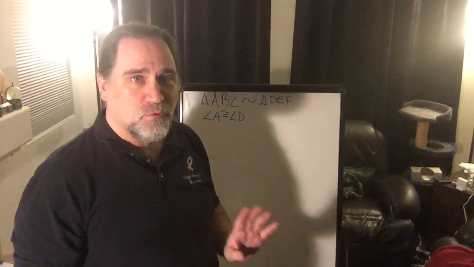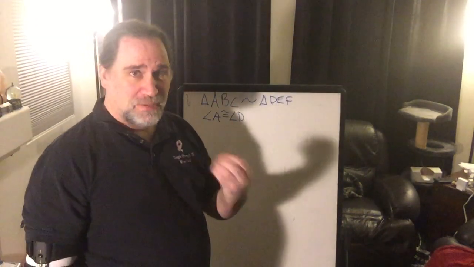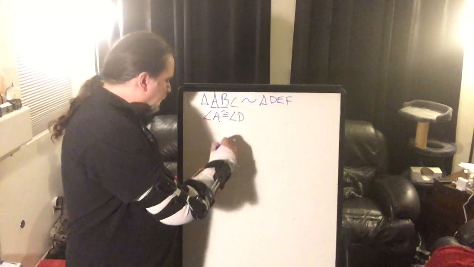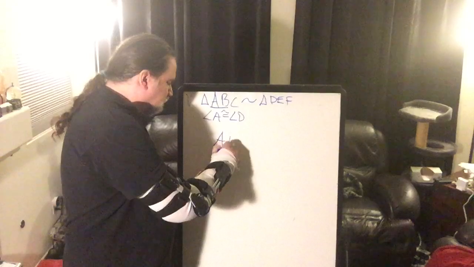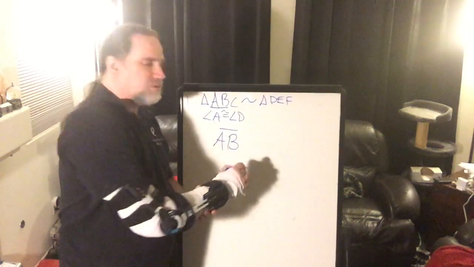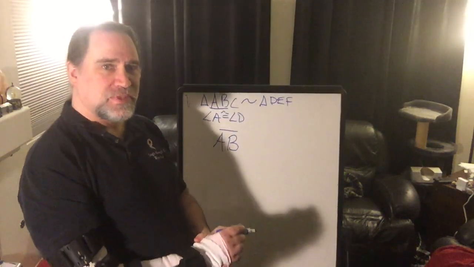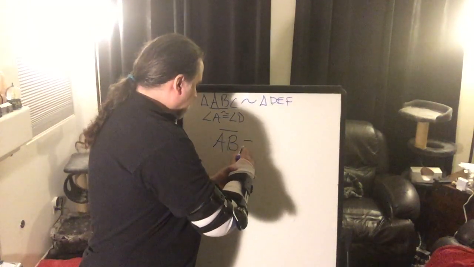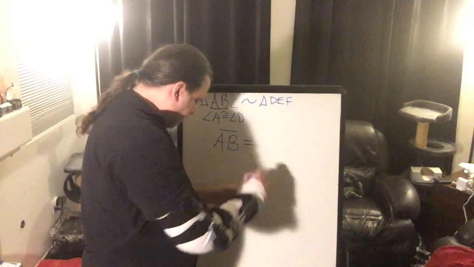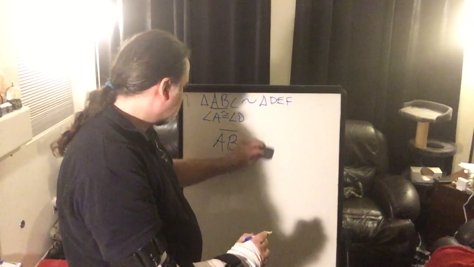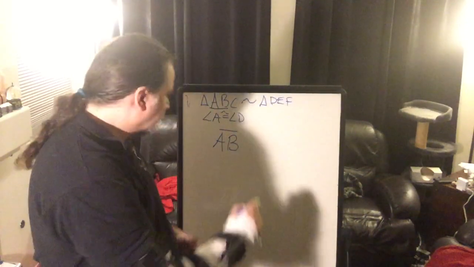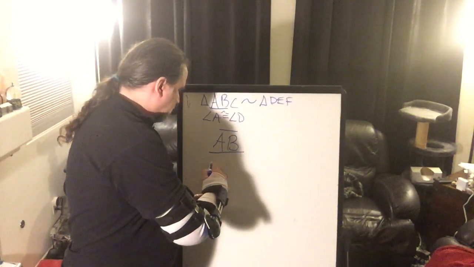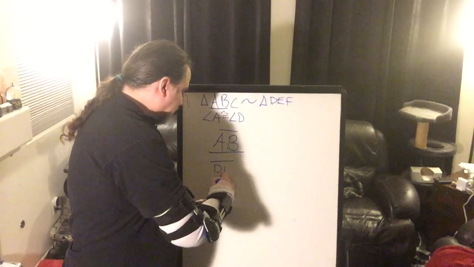The other thing that really jumps out at us, and becomes a huge deal, is that the distance from A to B, which I will write with a little line segment over it, divided by the distance from D to E. Sorry, it's not congruent, my bad.